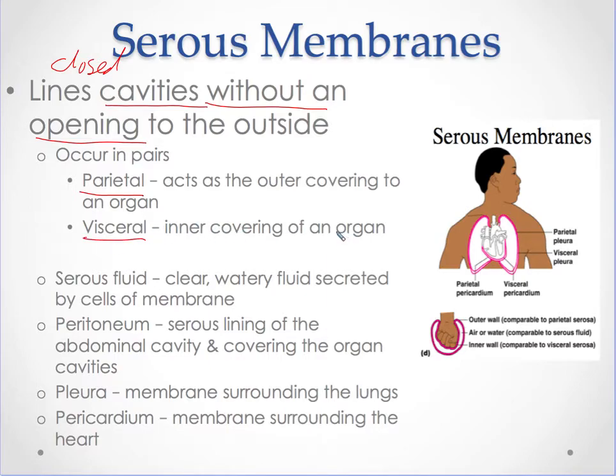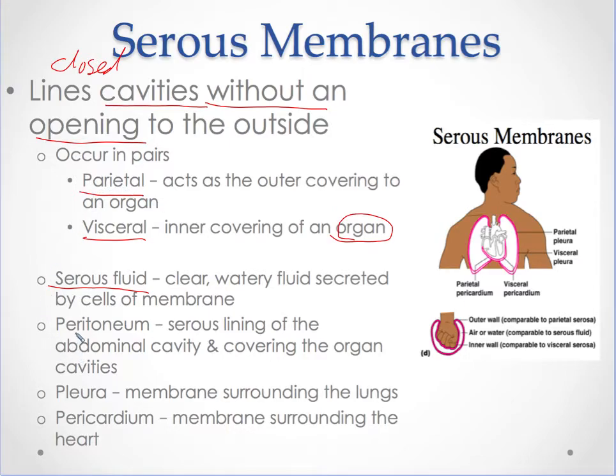So the visceral covers the organ, and the next one lines the organ to whatever's outside of it. In between these two membranes, you have what's known as serous fluid. This is a clear watery fluid that acts as a lubricant, which prevents friction from your two membranes.